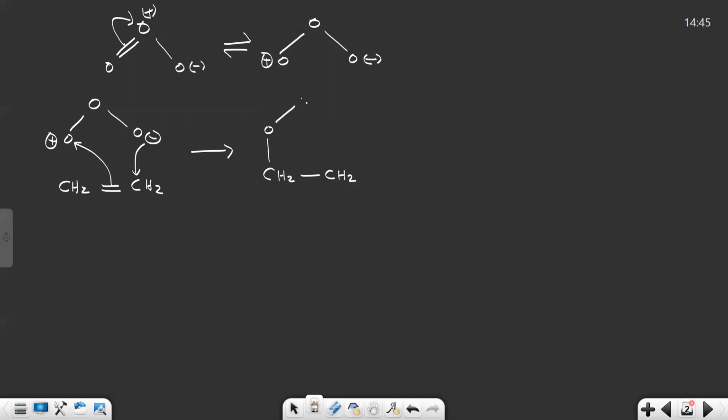This oxygen is connected with another oxygen, and that one is connected with another oxygen, and now there is a bond like this. This again rearranges to give CH2 O CH2 O O CH2, and this compound is known as ozonide. The compound that forms first is known as molozonide.